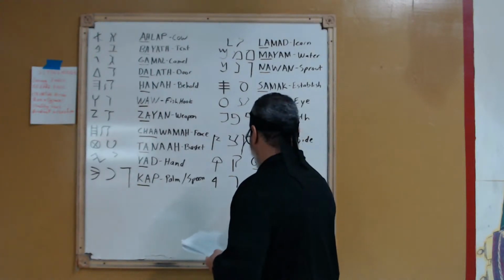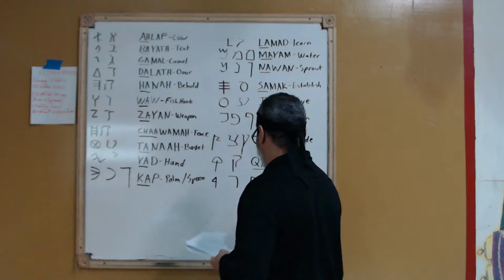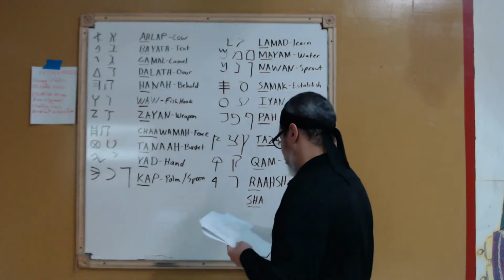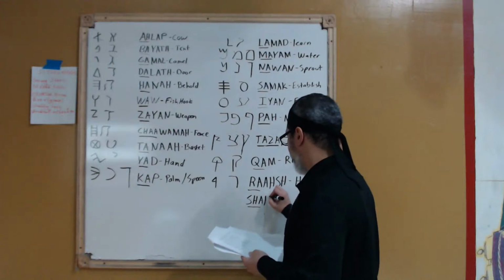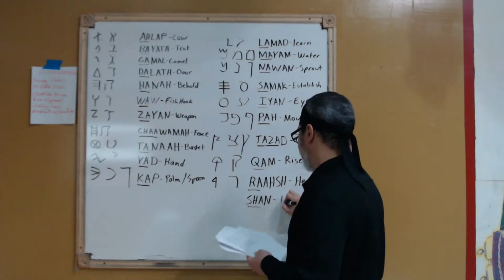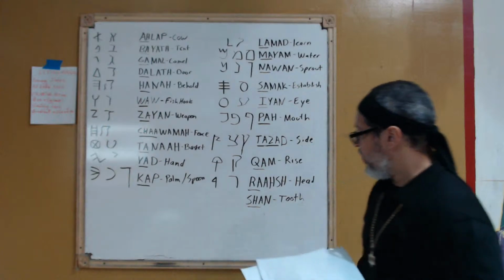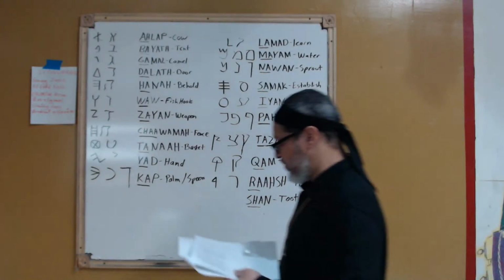Then we have the sha. That was short for shan, which was tooth. And this is the one that looks like the fangs.